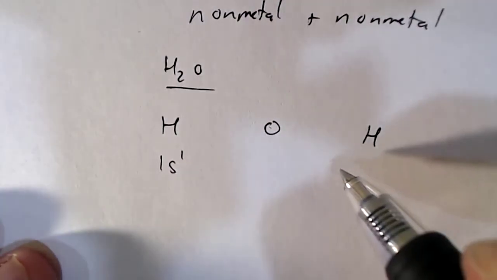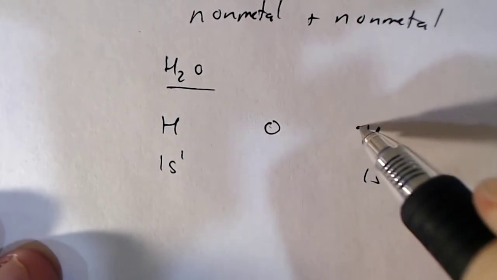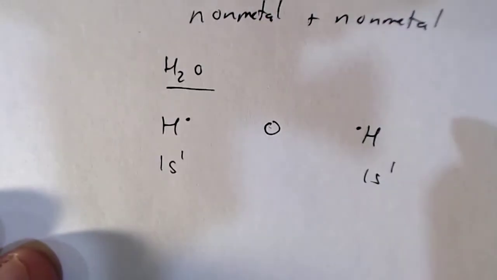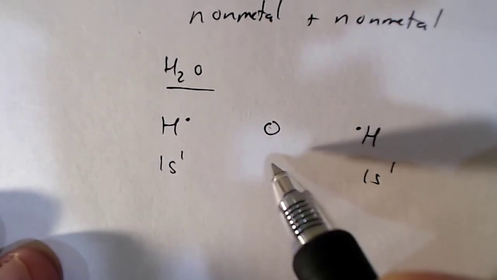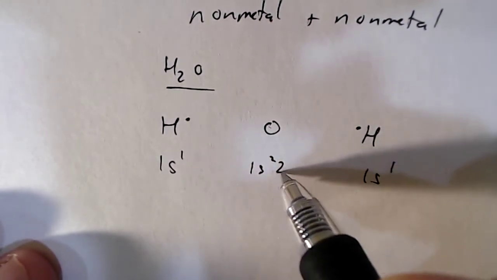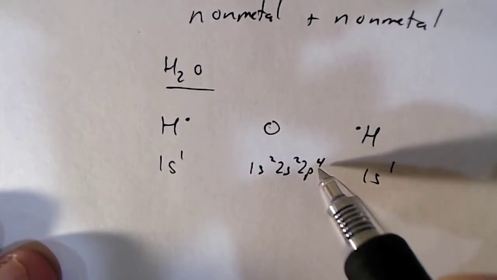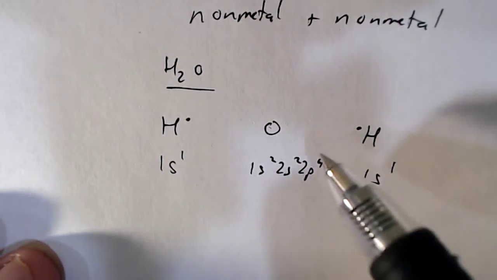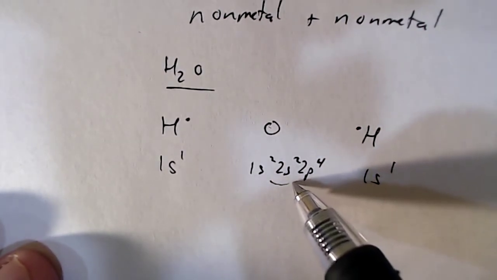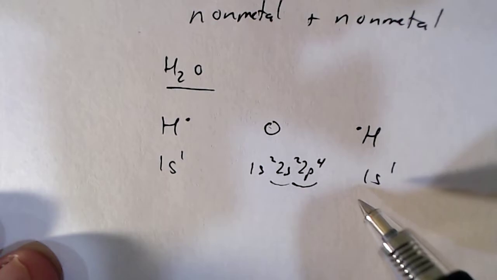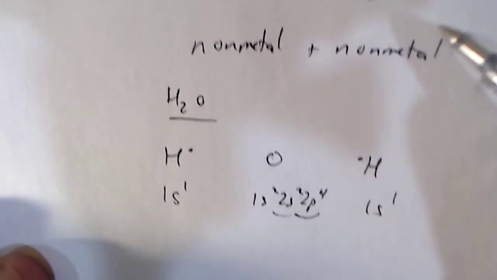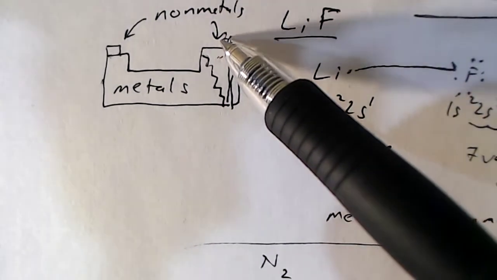Hydrogen's electron configuration is 1s1. Each one will have one valence electron. And oxygen's electron configuration is 1s2, 2s2, 2p4. That will have 2 plus 4, 6 valence electrons. We know this because it's in group 6A.